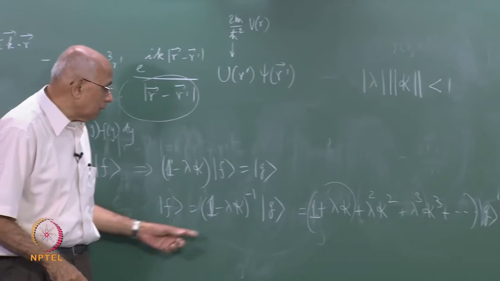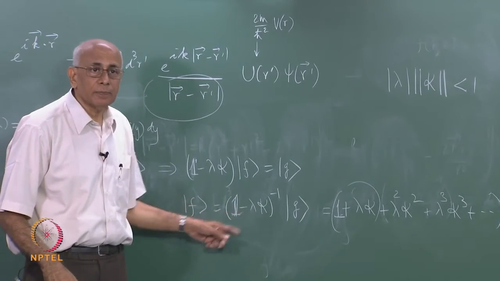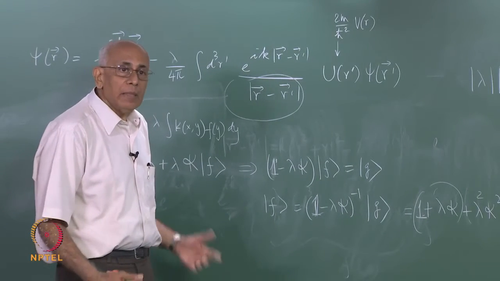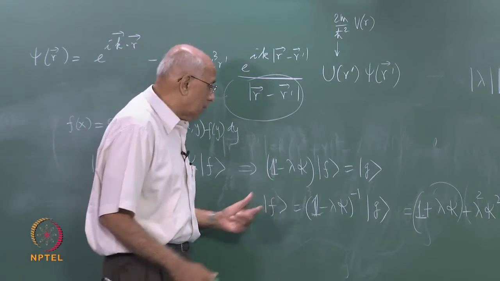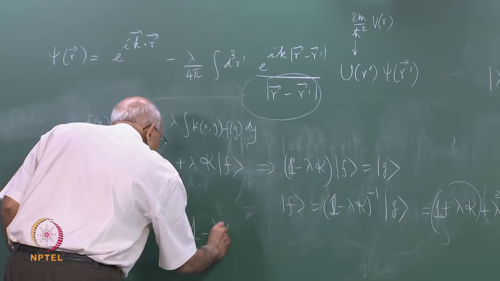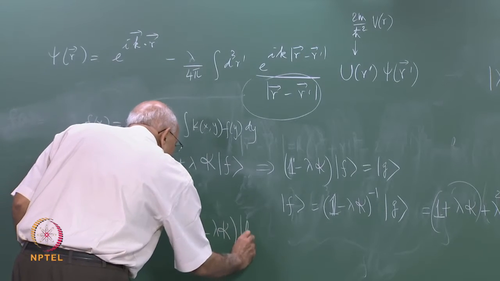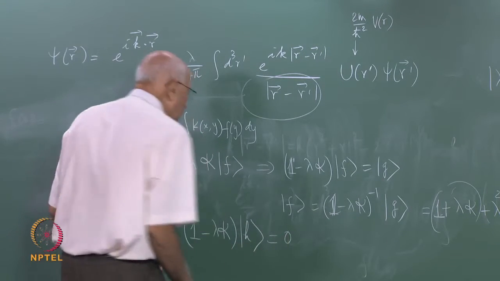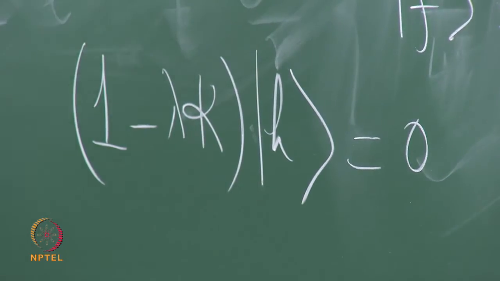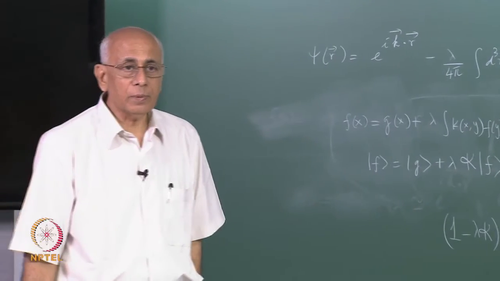Then what it implies is that this inverse does not exist. When it is equal to 1, what does it imply? It means that this equation, 1 minus lambda k acting on some eigenvector, equals 0. In other words, you have hit an eigenvalue of this operator, and then of course this series does not converge anymore.